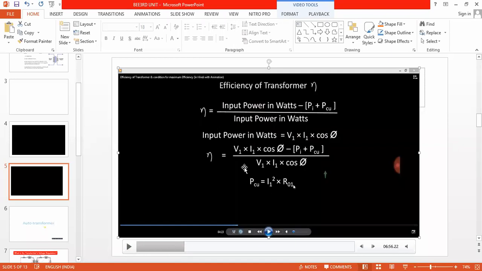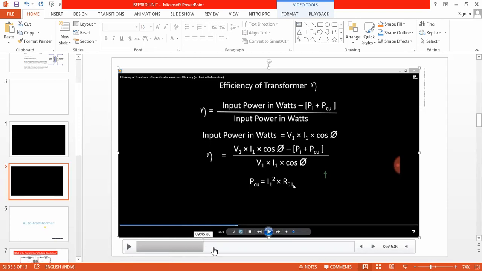So all of you, is it clear? This formula you have to remember, efficiency up to this one. Now for the problems, I will not use this formula directly. V1 I1 is also called the VA rating. Rating means another name for power. What is the power formula here? V1 I1 cos theta. So I am modifying the complete efficiency formula here.